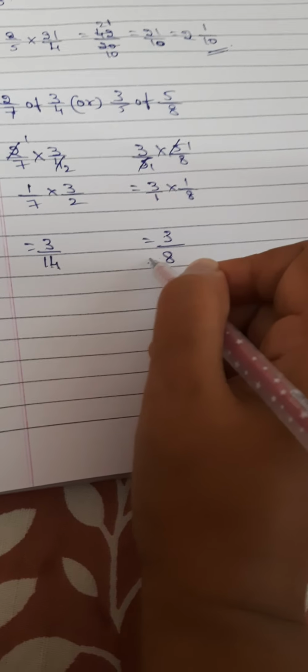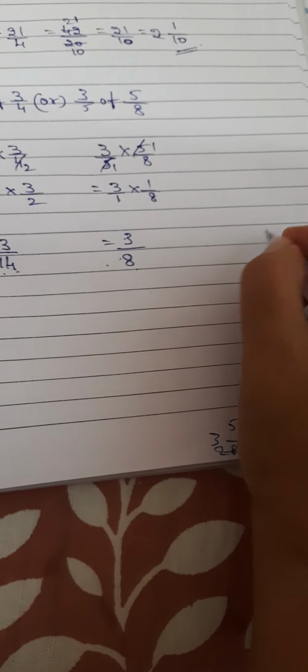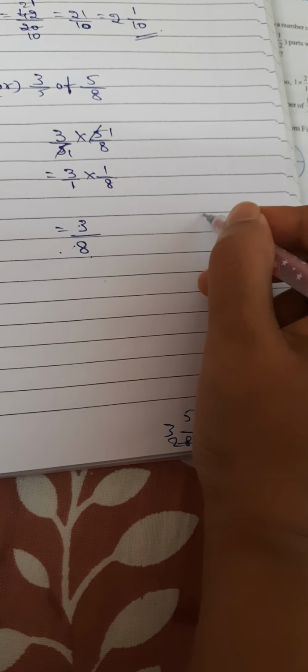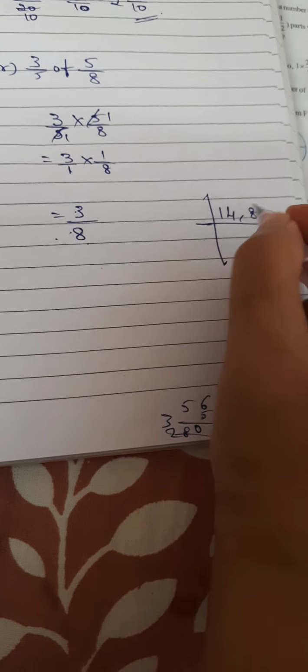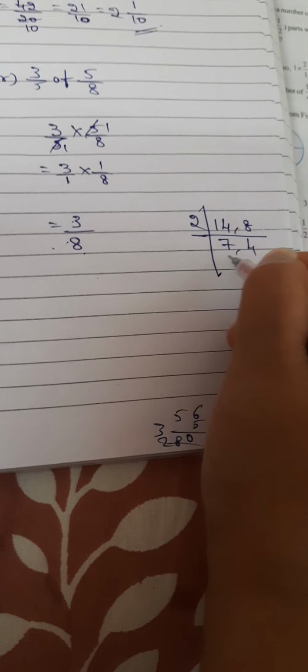Now here you see both numerators are the same but denominators are different. If we want to see which is greater, this or this, when the denominators are different we have to take the LCM. Now let us take the LCM for 14 and 8. In the 2 table, 2 7s 14, 2 4s are 8.